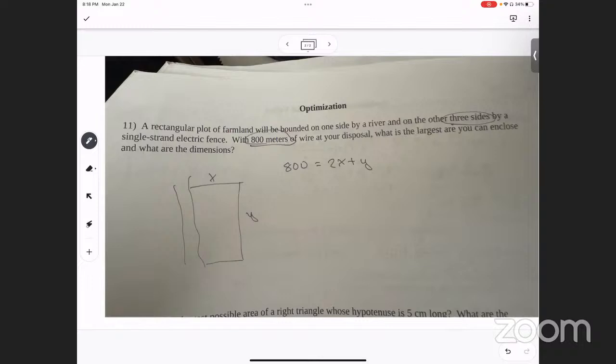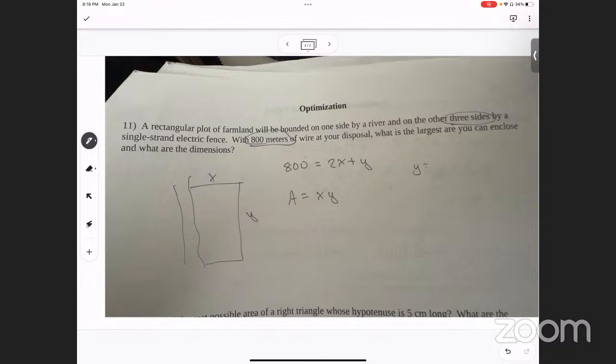We have 800 meters of wire, and they want to know the largest area. We're trying to optimize the area. Area is X times Y. So same deal, right? We're going to try to simplify one of these, solve this for X or Y, plug it into there, and then take the derivative and set it equal to 0. This one's actually a little bit easier.